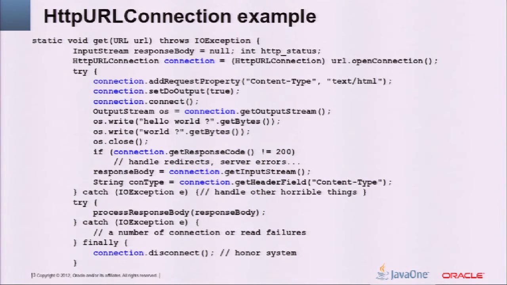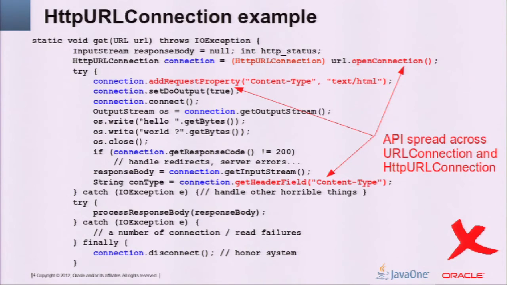I'm showing you this because this is the basic template for any use of HttpURLConnection. If you use it, your method's going to look something like this. It's just going to have different headers being set or different content payloads being set and read and so on. But they all basically look like this. So let's take a look at how this works for everyone.